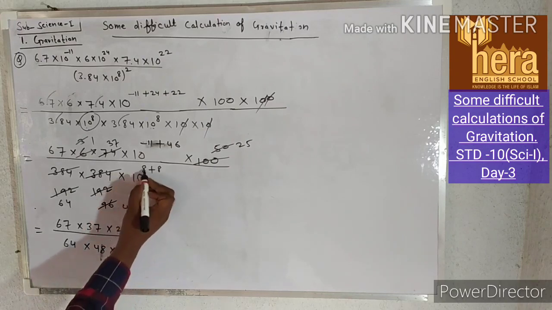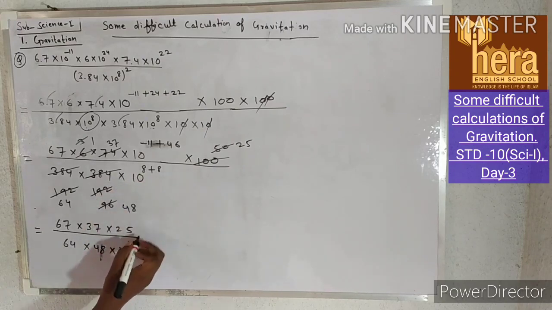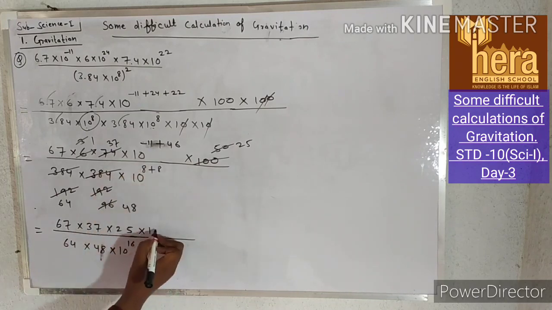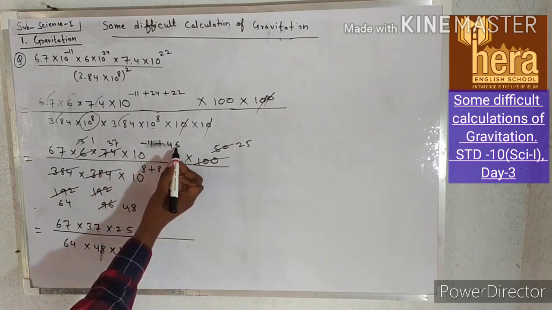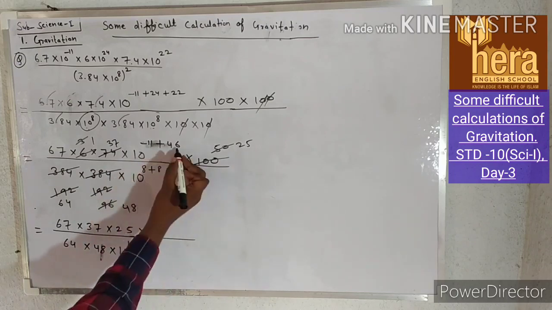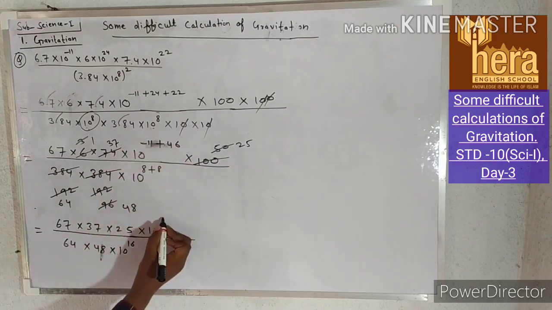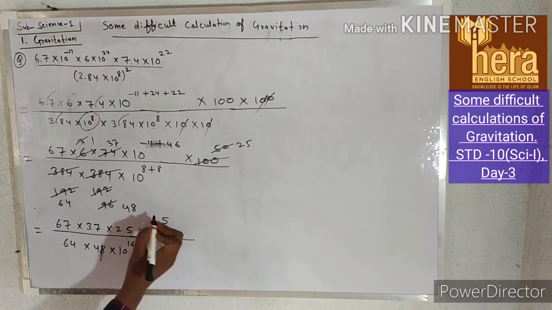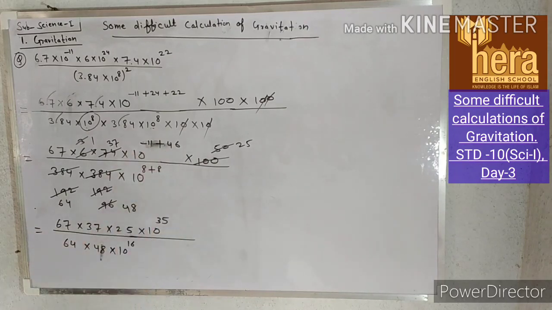10 raised to 8 plus 8, that is 16. Here is 10 raised to 46 minus 11, that will be equal to 10 raised to 35.